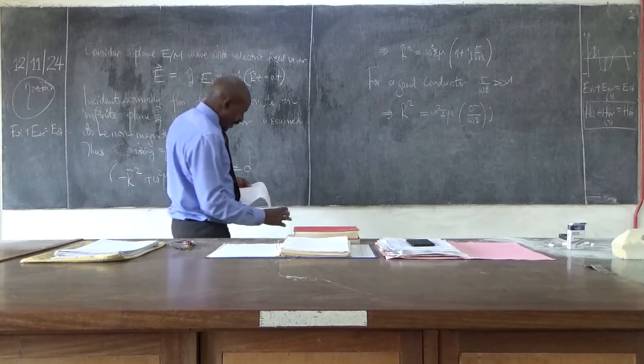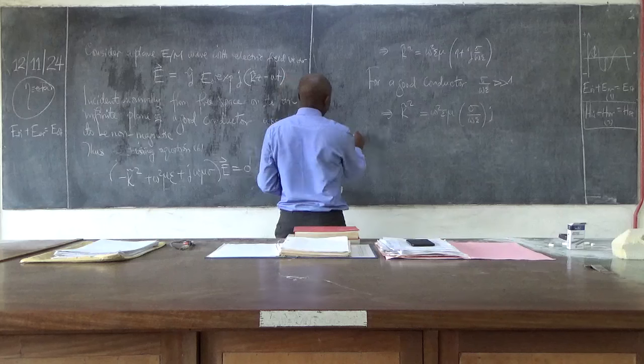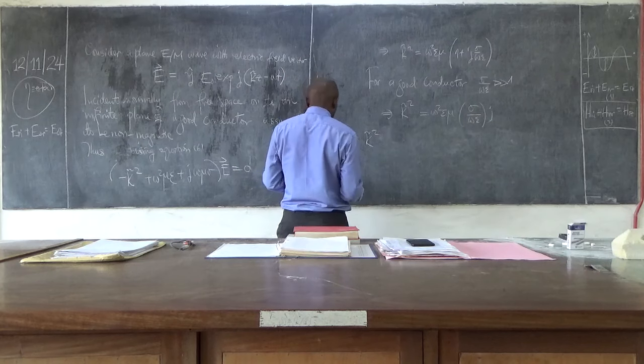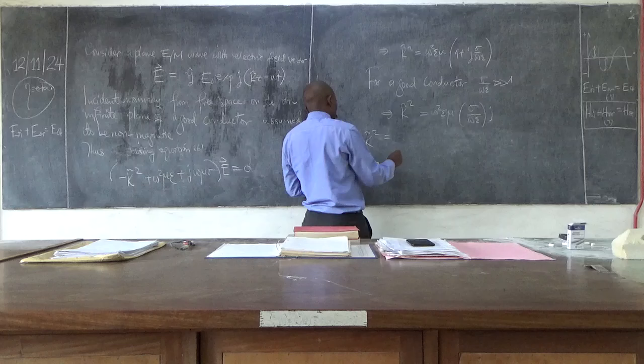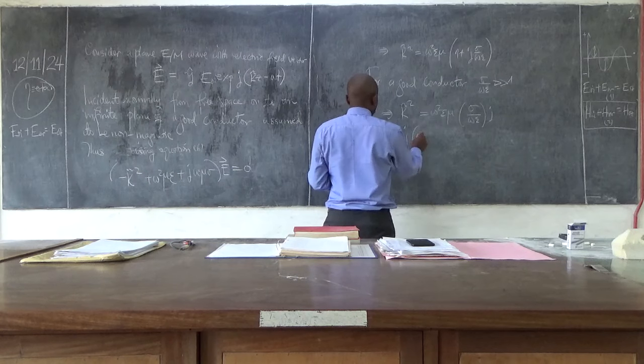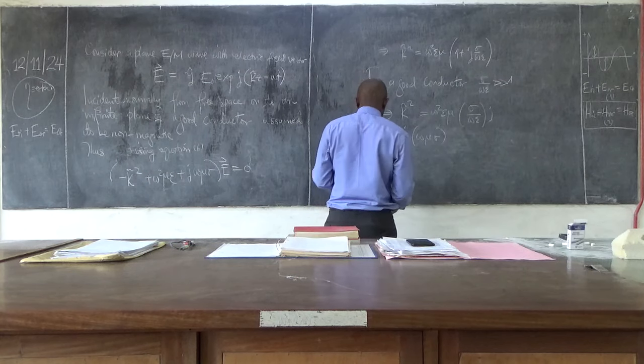And then this would imply that k wave squared equals j omega mu sigma.